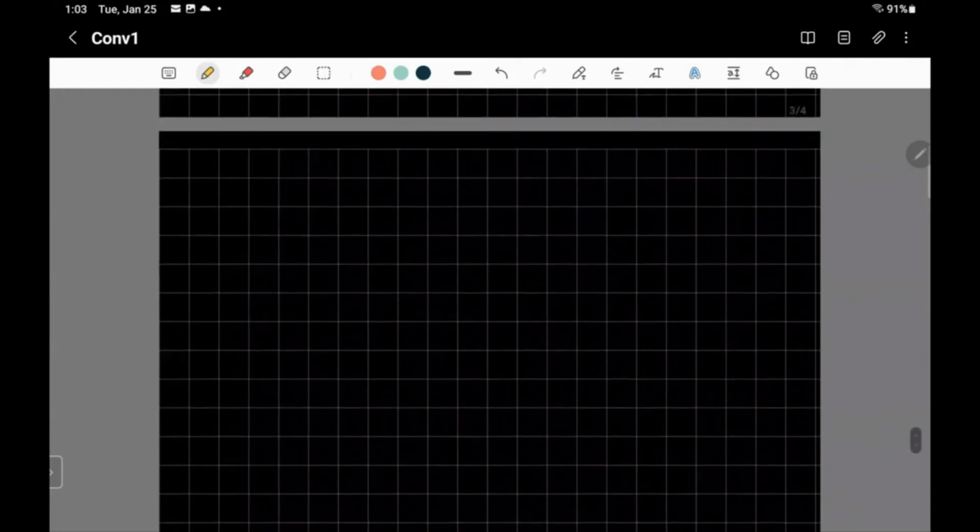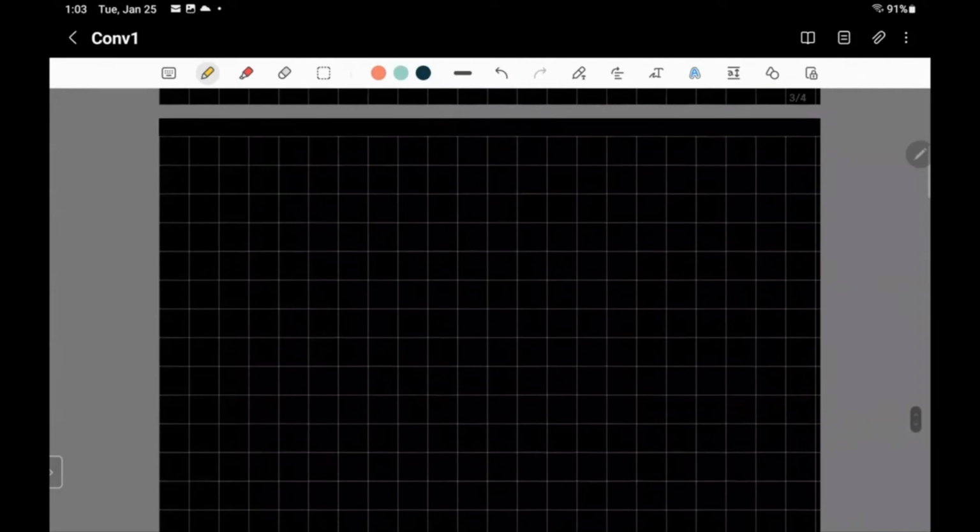Let me explain what it means with one example. Let's say that you have a function like that, a rectangle function, and that's the time axis, and that's the vertical axis.